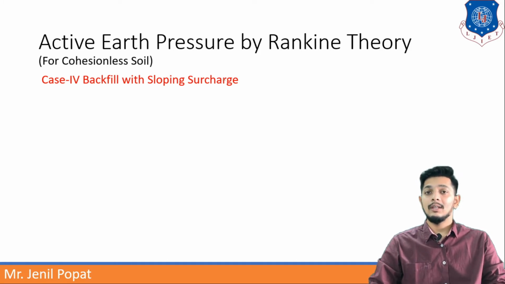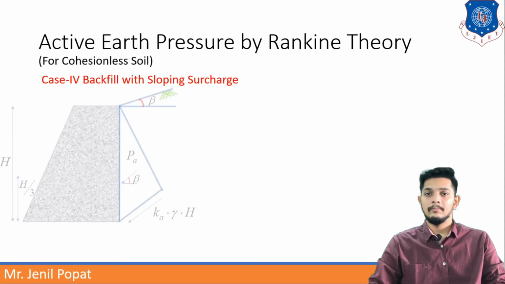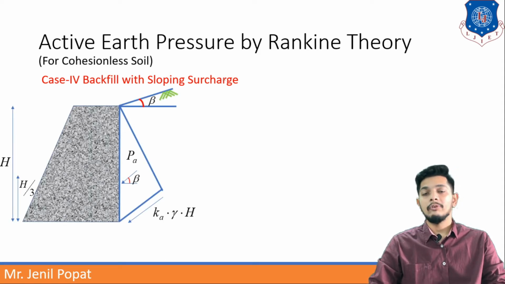Now we understand surcharge and surcharge angle very clearly. Let us discuss this through the figure. In this figure, you can see a retaining wall having a surcharge which is inclined. Here you can see green lines which are showing the ground line, inclined with an angle beta. So it shows a surcharge with an angle beta, the surcharge angle.